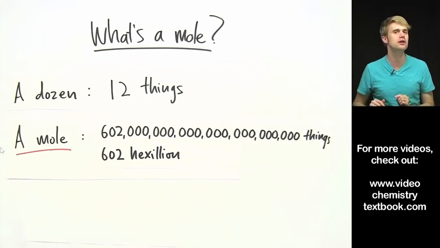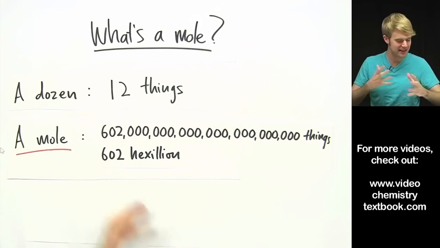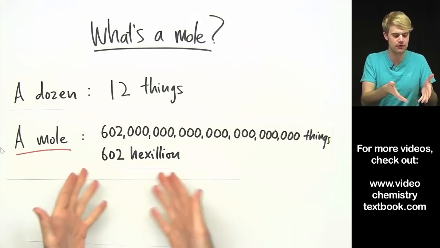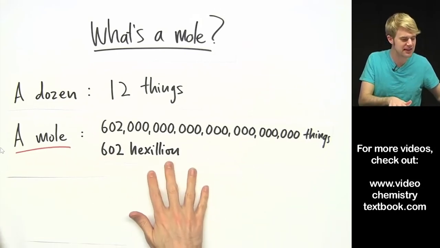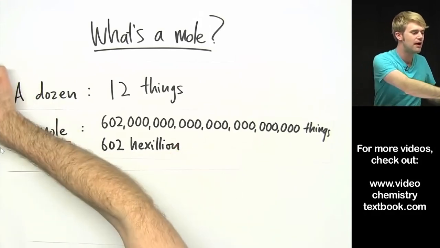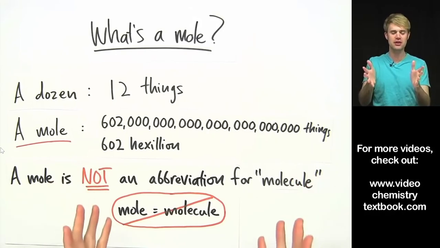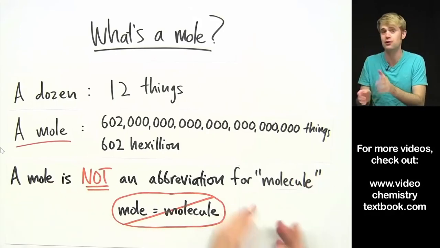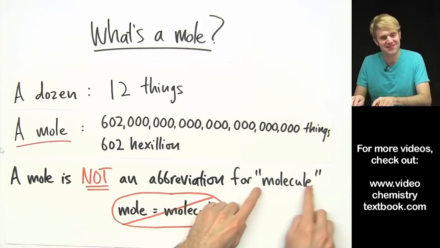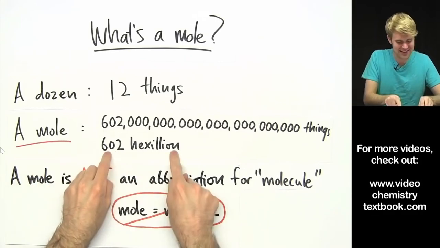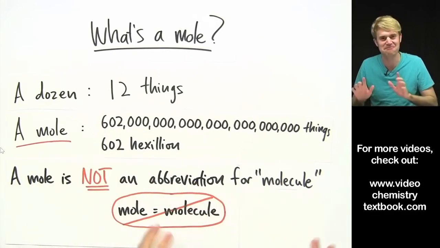Now, here's one thing that confuses people about moles. They forget that a mole is a name for 602 hexillion things, and they think that a mole is an abbreviation for the word molecule. So many people think this. They see mole and they think, oh, you mean molecule. No. If I write mole, I don't mean molecule. I mean a group of 602 hexillion things, not a molecule.